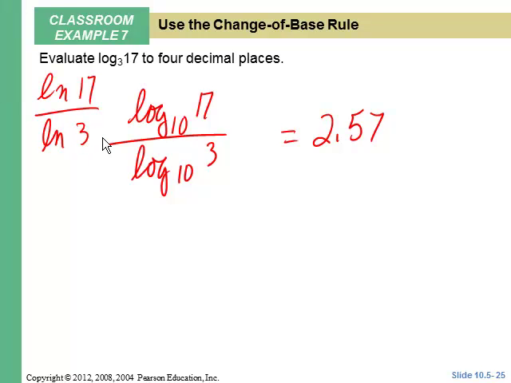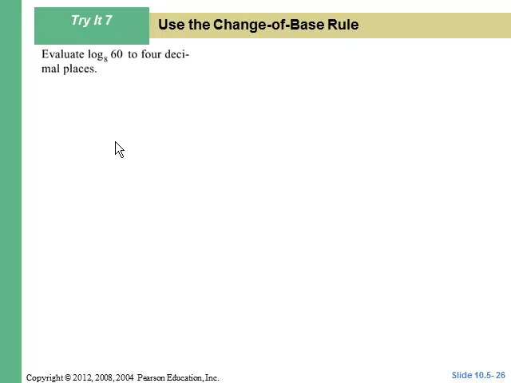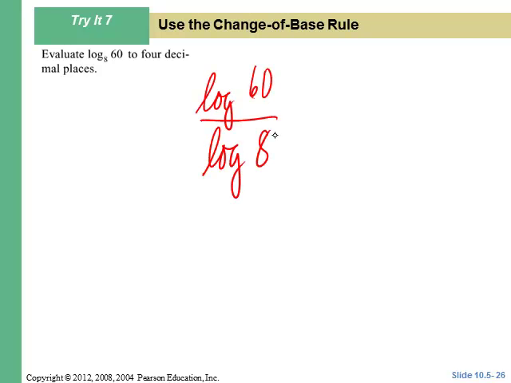Either one would have worked. You do this one. So that's log of 60 over log of 8. So we could press log 60 divided by log 8, and we get 1.9690.